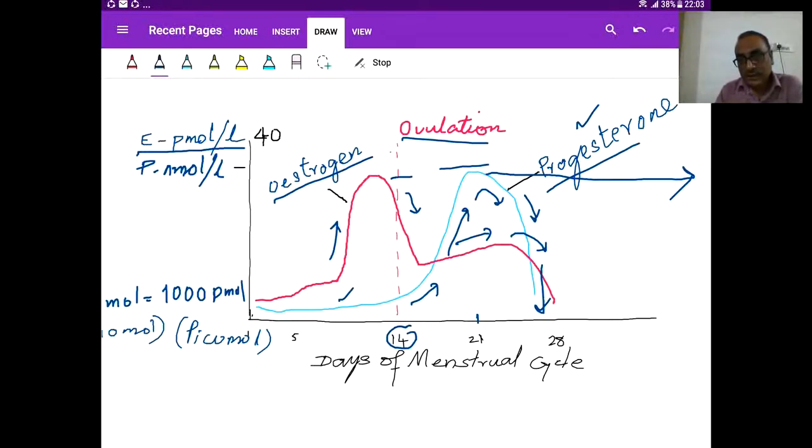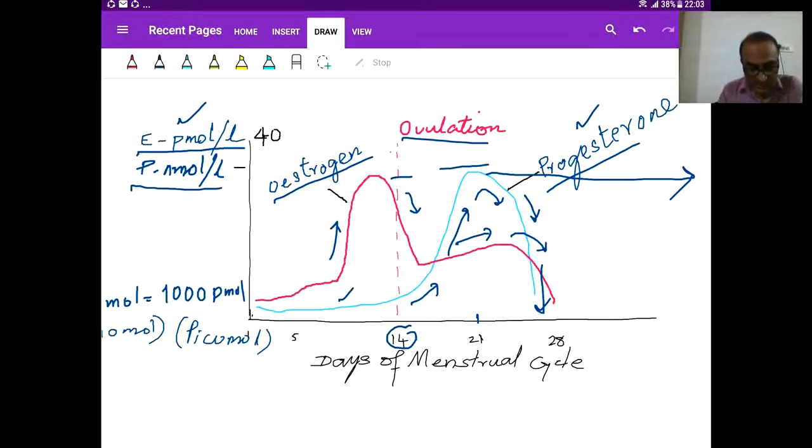Okay, now we have seen how the levels of follicle stimulating hormone, then luteinizing hormone, and then the estrogen and progesterone, these levels change. We also saw how we measure them. Estrogen is measured in picomoles per liter, but progesterone is measured in nanomoles per liter.